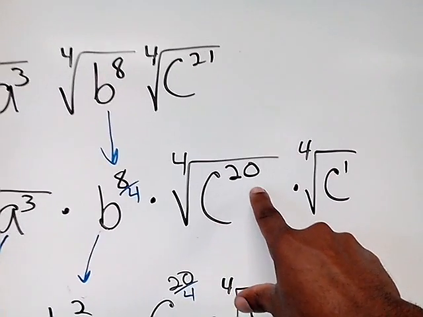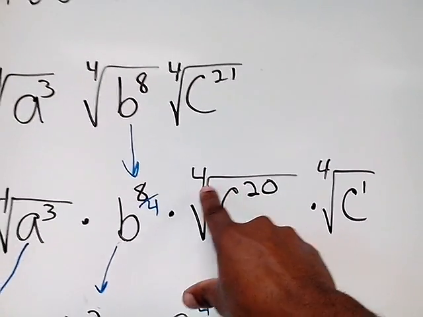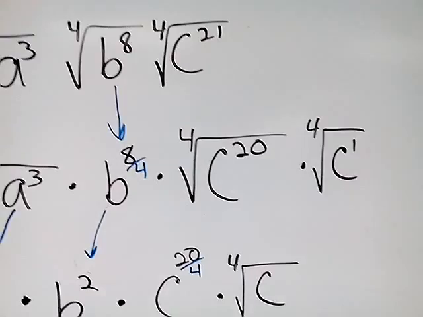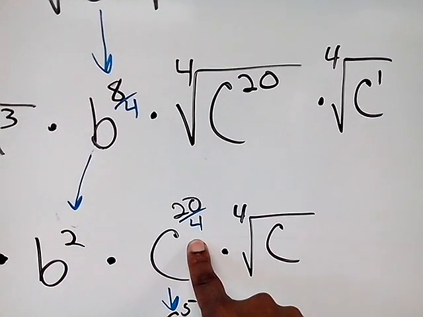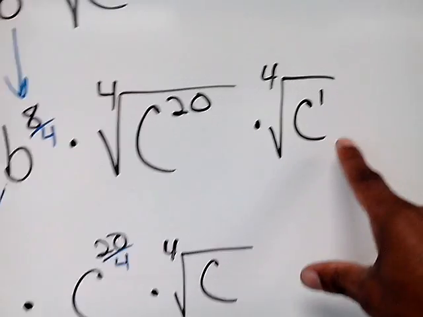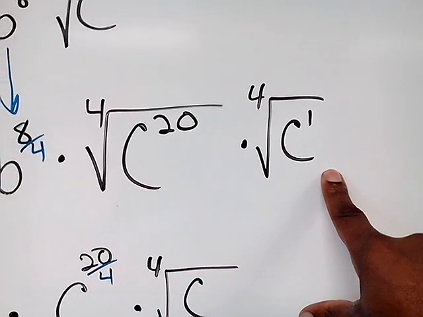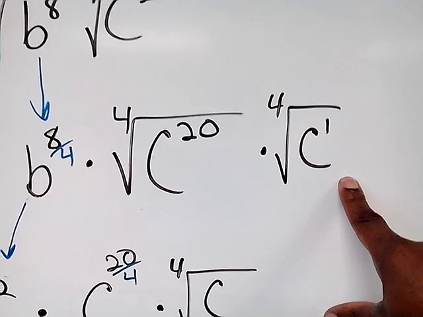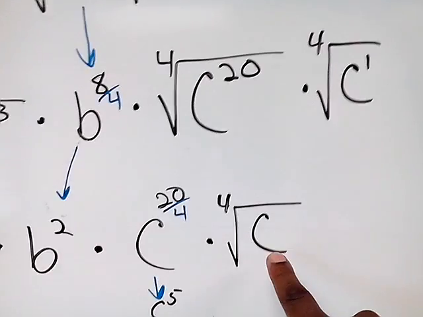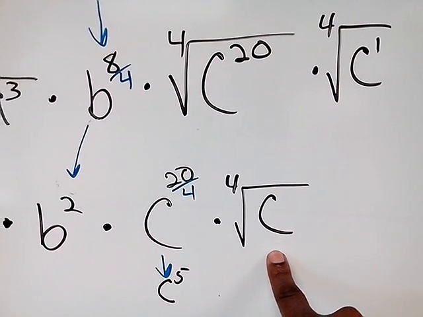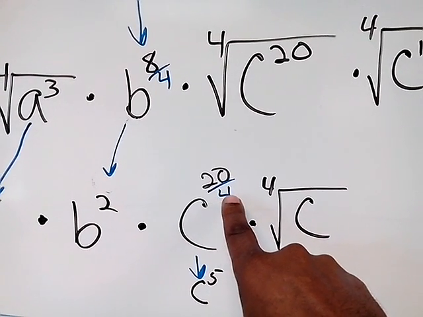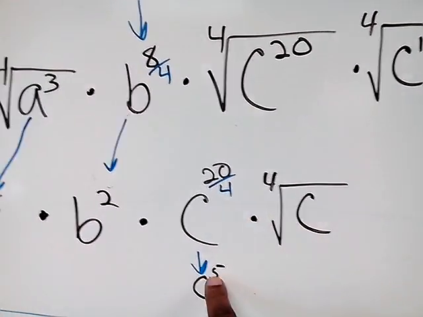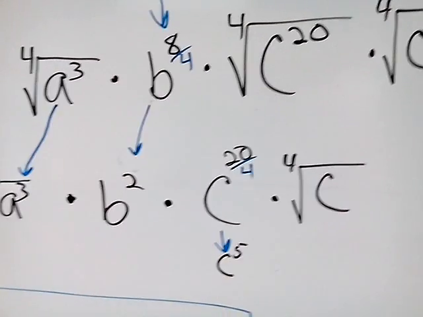Now 20 divided by the 4 is how we can simplify this. We can't do anything with the c to the first power, so we just keep that inside of the radical. So c to the 20th divided by 4 becomes c to the 5th power.